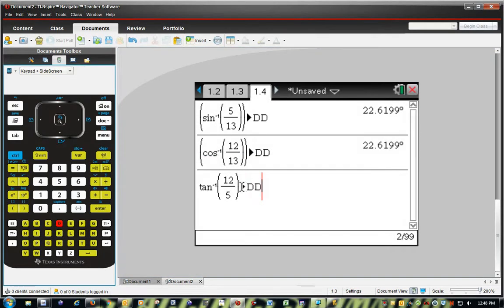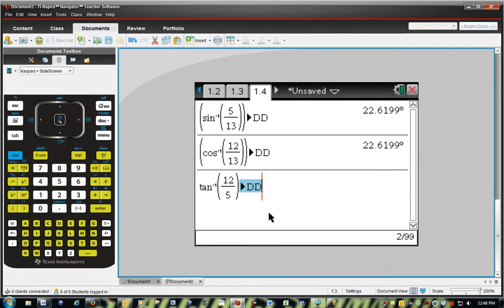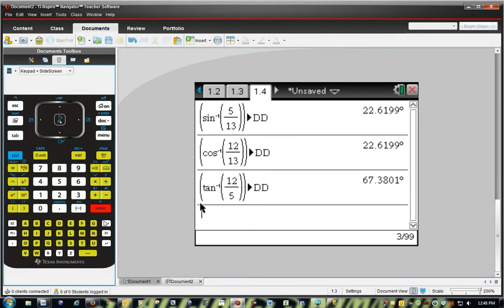Triangle DD tells it that we're going to be using this in degrees, and I got 67.3801. Now if I put that 67.3801 plus 22.6199, these two angles, if I add them together, what should I get?